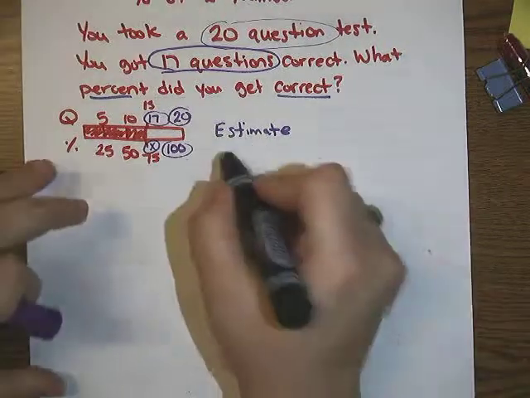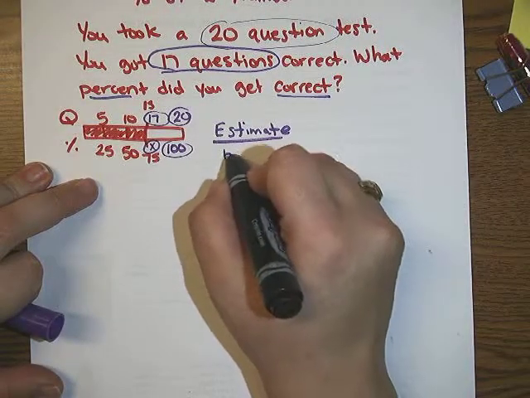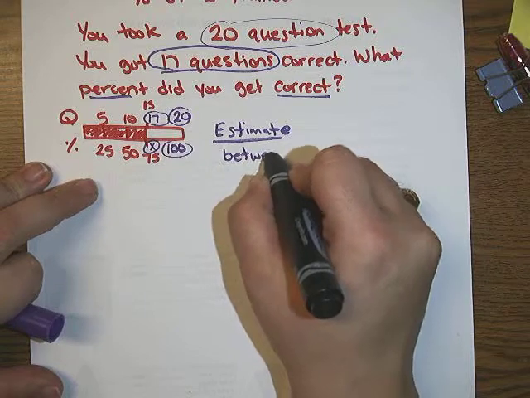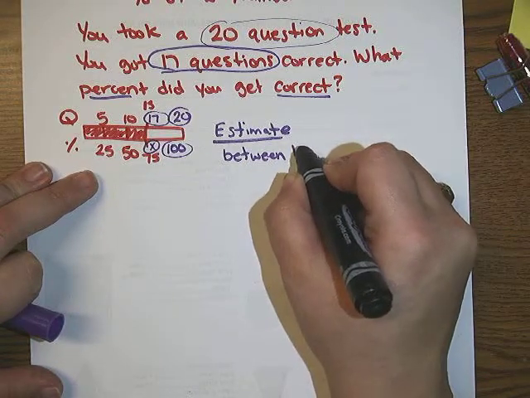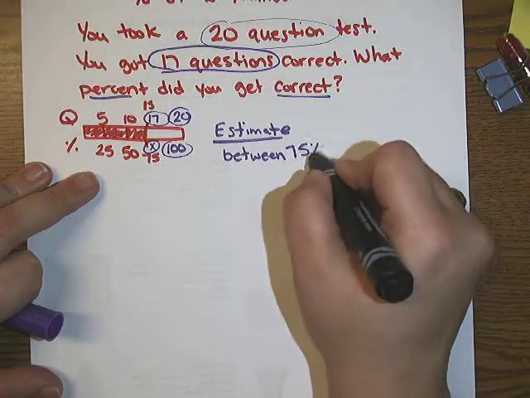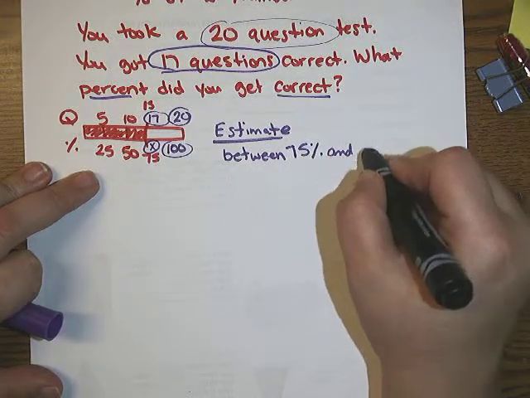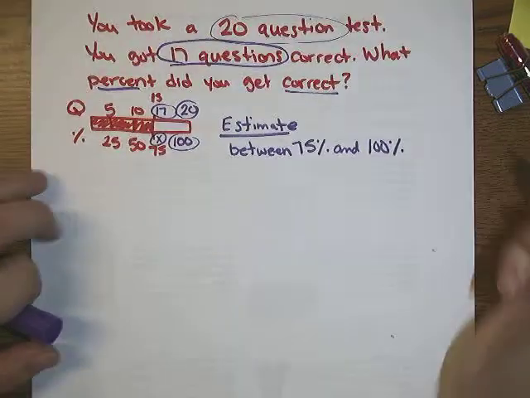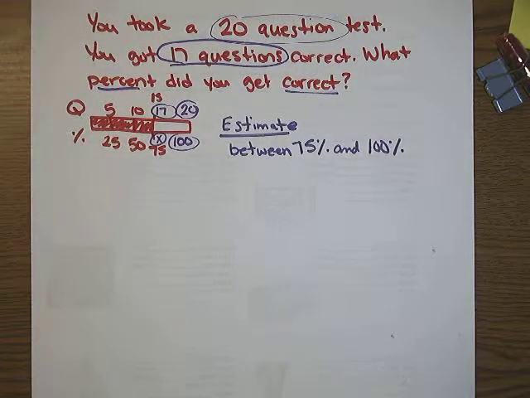Now, can I get much closer without actually having to do the work? No. So our estimate is I got between 75% and what? And 100%. My grade is somewhere between 75 and 100. And sometimes that's good enough. I just want to know, okay, kind of where do I stand? Does everybody see why it's between 75 and 100%?